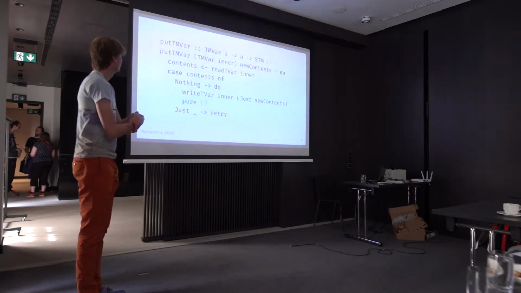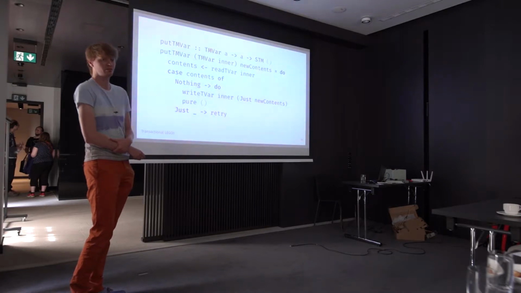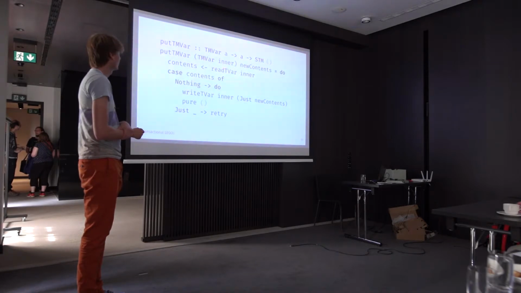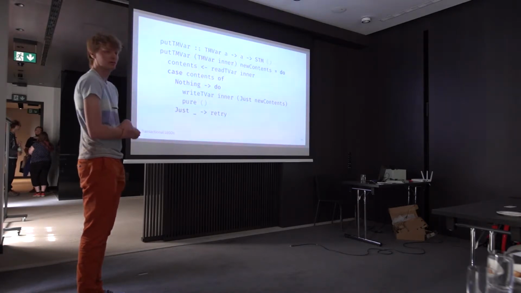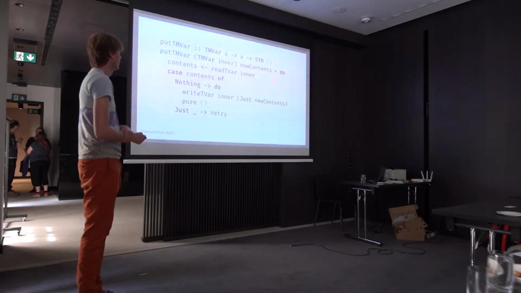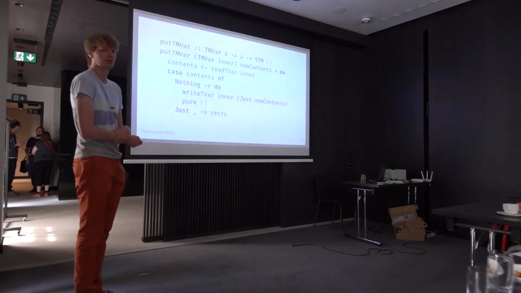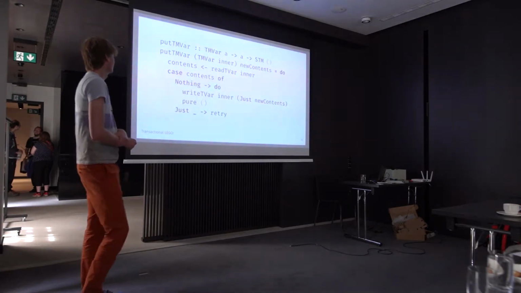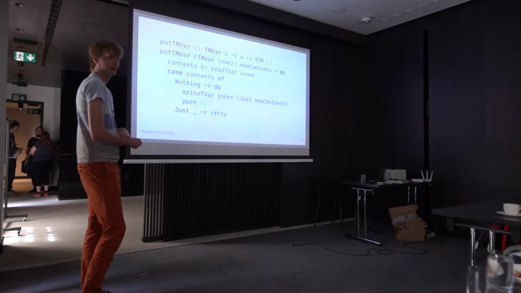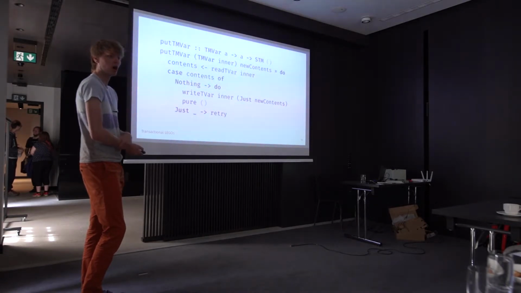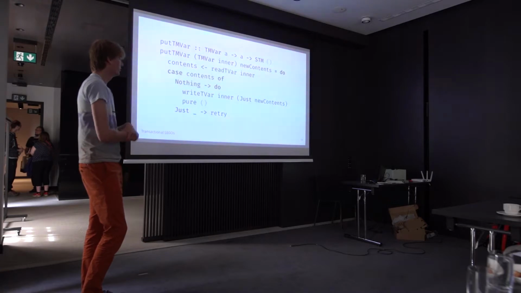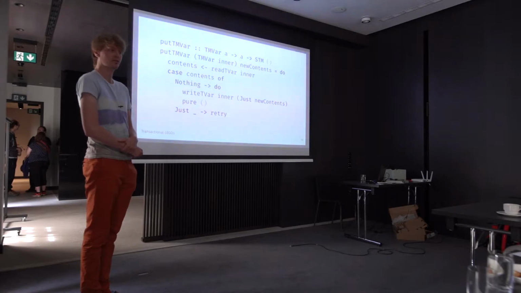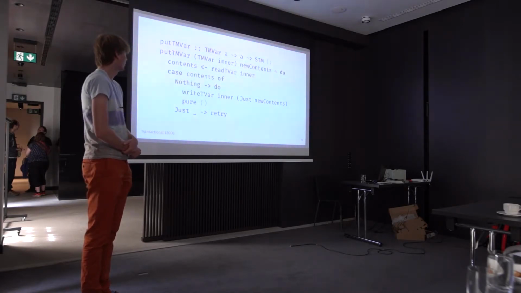Right? So putting into a TMVAR, which is slightly more interesting, we pattern match and get the inner TVAR out of our TMVAR, and we have an argument for the new contents. So then we read the current contents. If it's already populated, then we block, which we do using retry, which is the retry-this-transaction-until-it-succeeds part of STM.